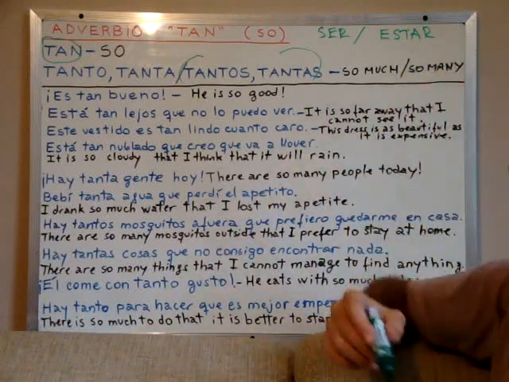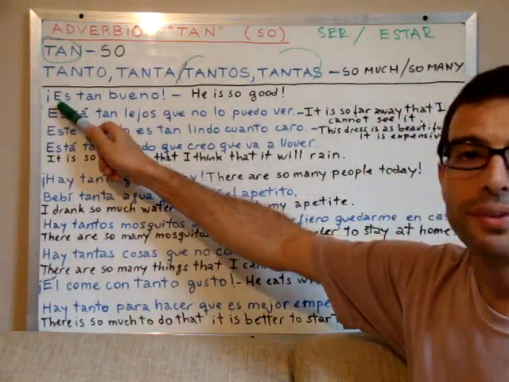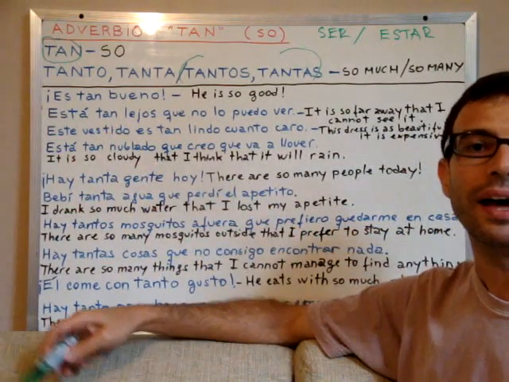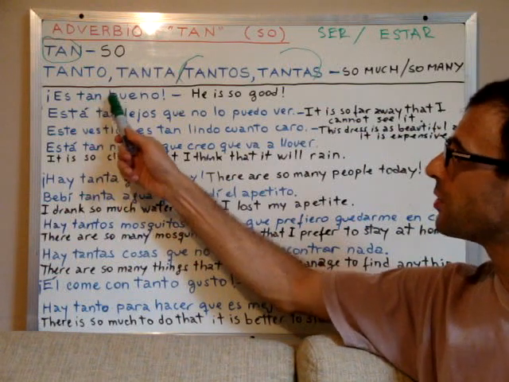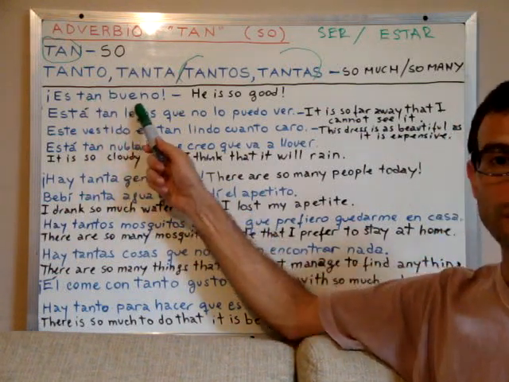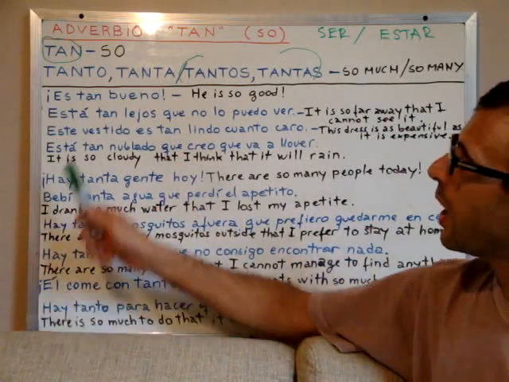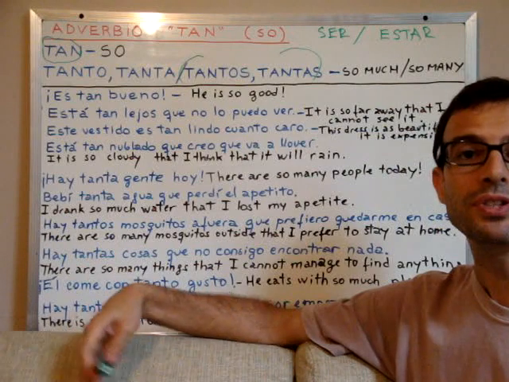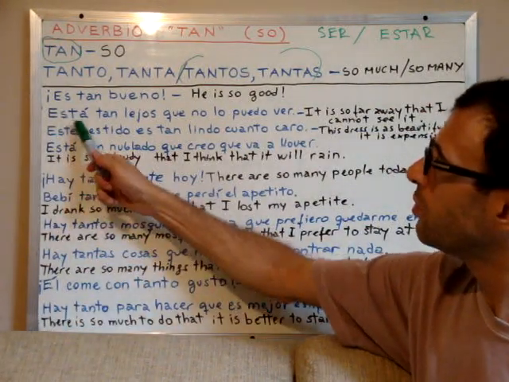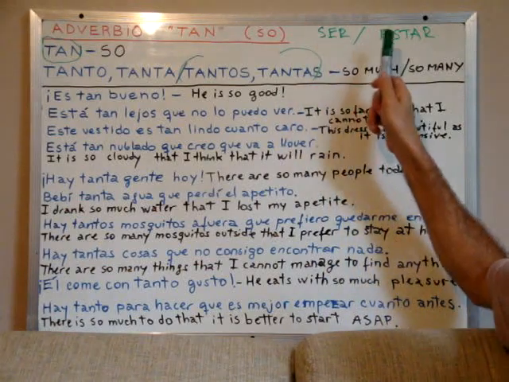I've spoken of this difference before. We use the verb ser in Spanish as the verb to be in English when we're talking about an intrinsic feature or characteristic of the subject. When it is something impermanent, or usually impermanent, that can be changed, then we use the verb estar, right? First case ser, second case estar.